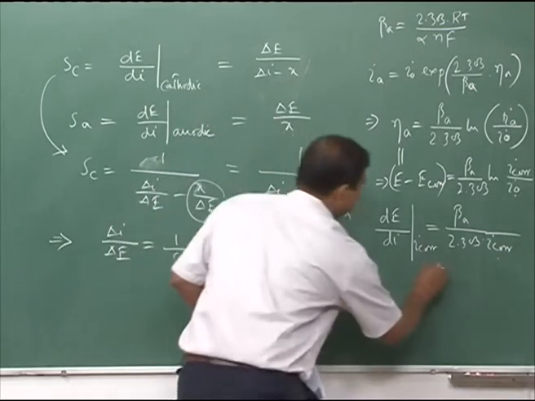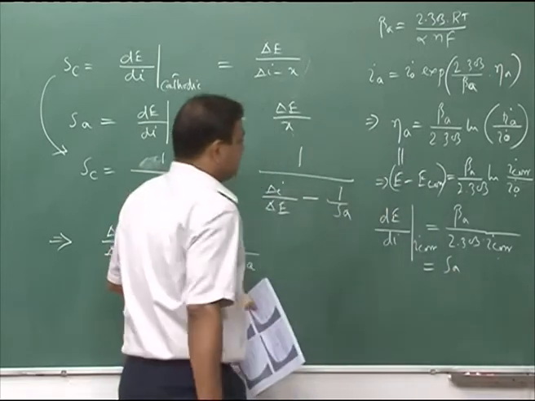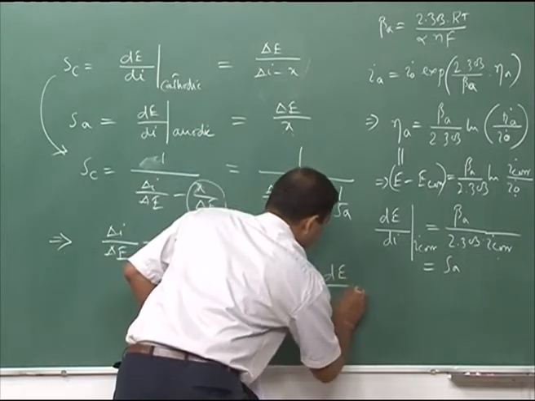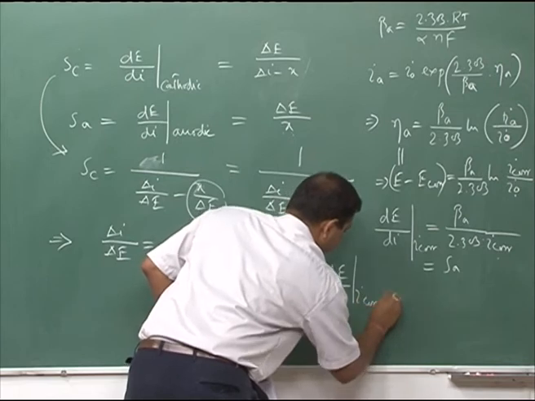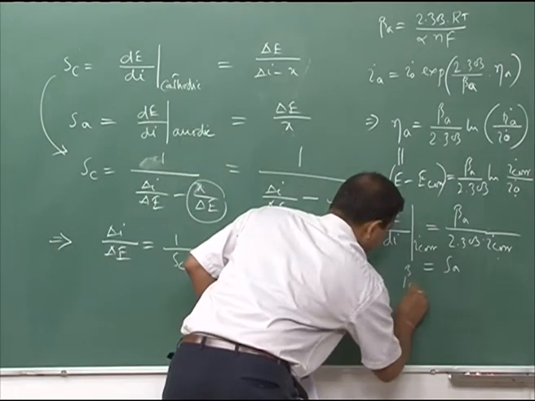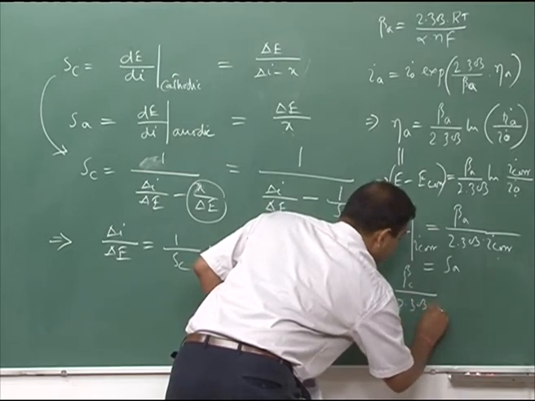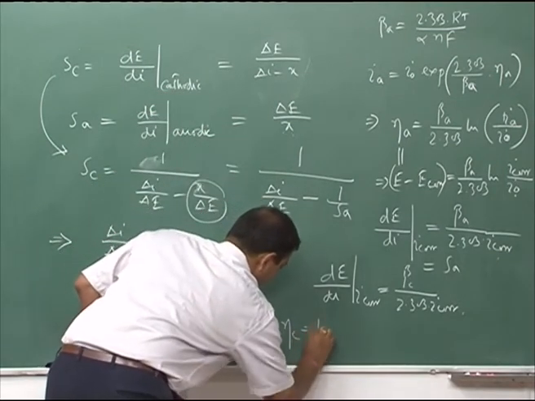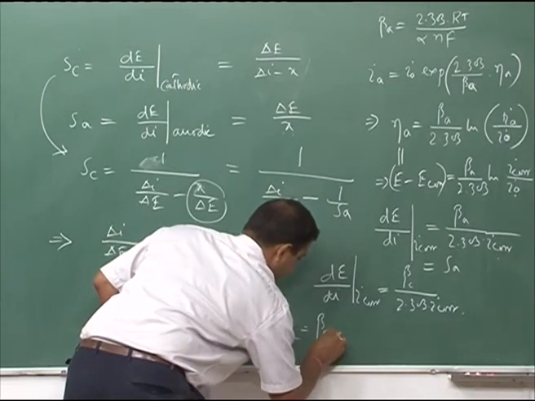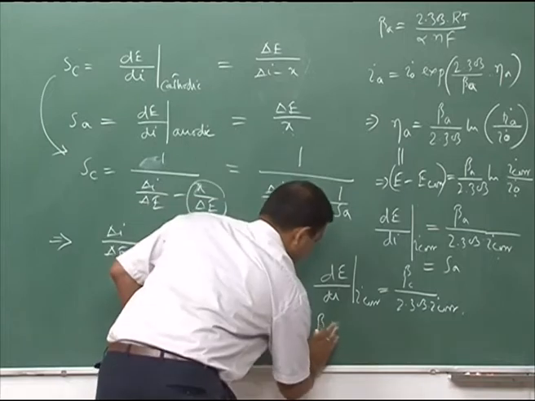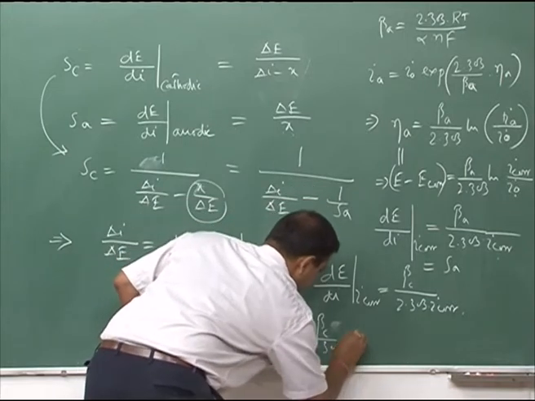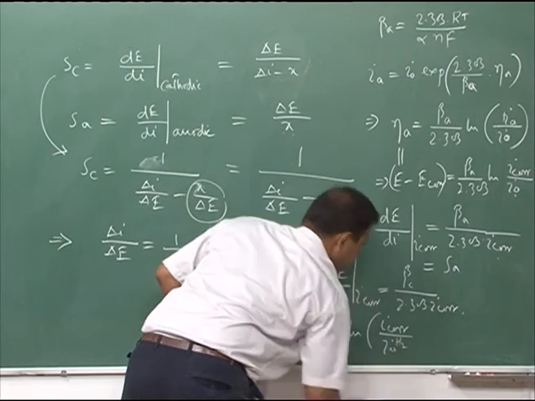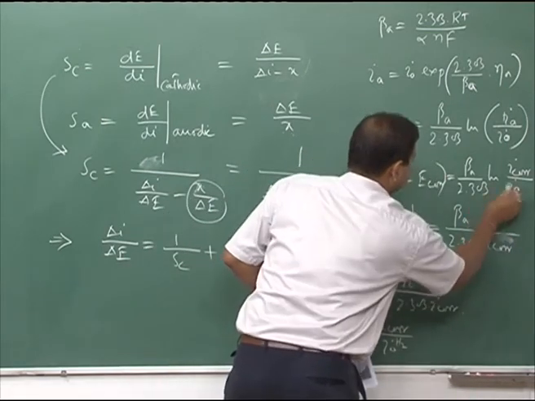Now, this is nothing but S A. Similarly, we can find out for beta C, that time del E by del I for the cathodic reaction would be beta C divided by 2.303 I corr, starting with eta C equal to beta C divided by 2.303 ln I corr by I 0 for hydrogen, and this is for metal.